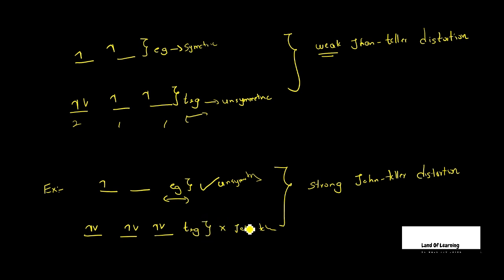So let me do a simple example. Take some time and do this example. So here's the problem. Let's say we have ML6. This M is a metal center which has the electron configuration of 3d5 4s2.